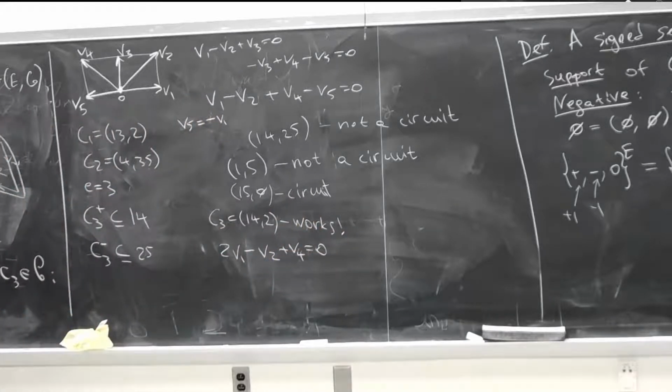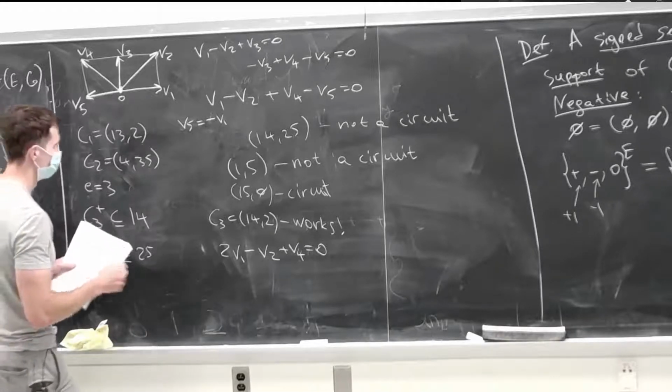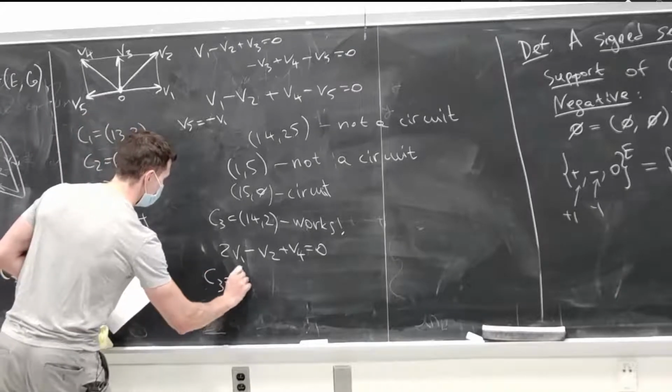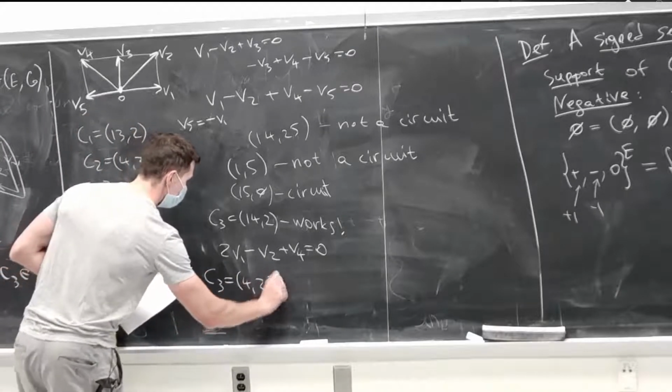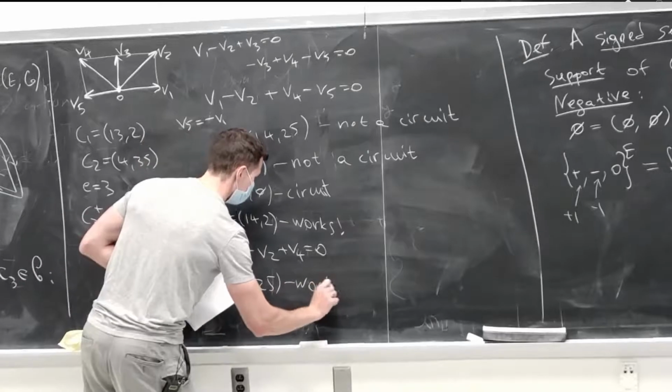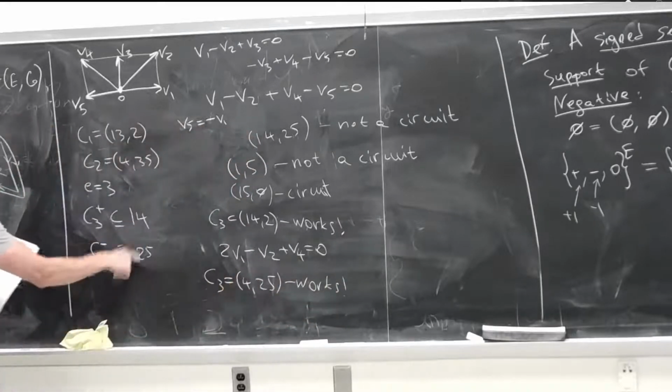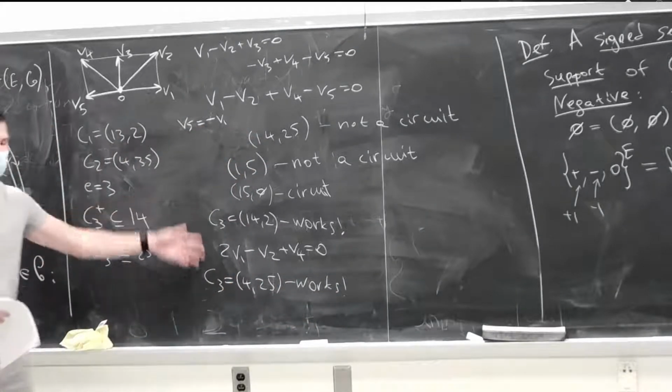And is there another one that works? Or is it the only one? 4, 2, 5. 4, 2, 5 also works. Indeed, 4 and 2, 5. Yeah. So these are the only two that actually work.